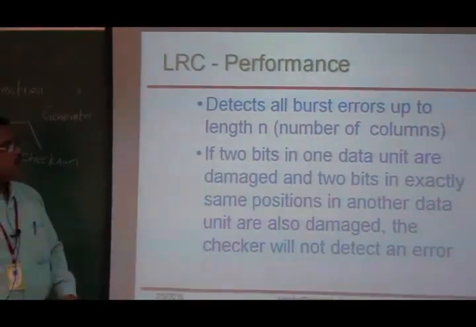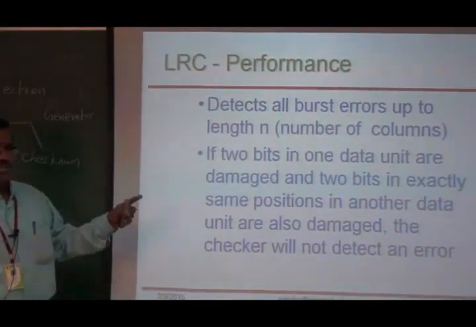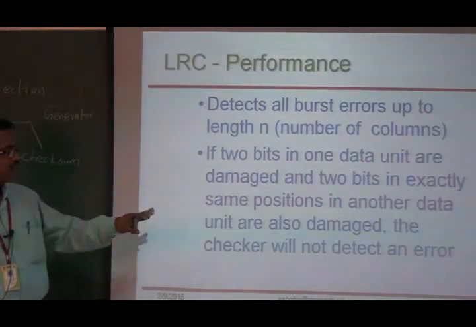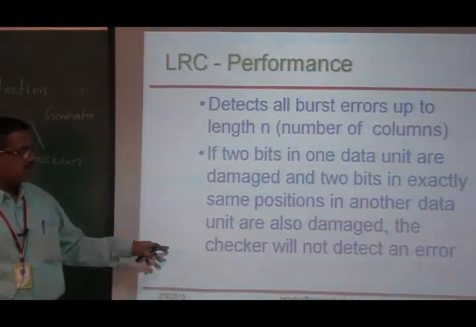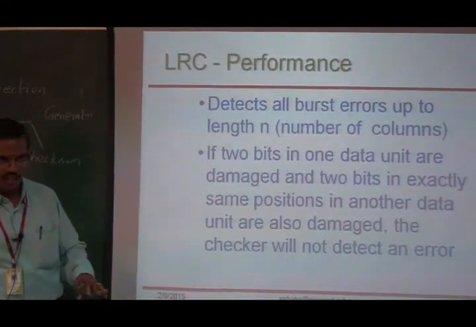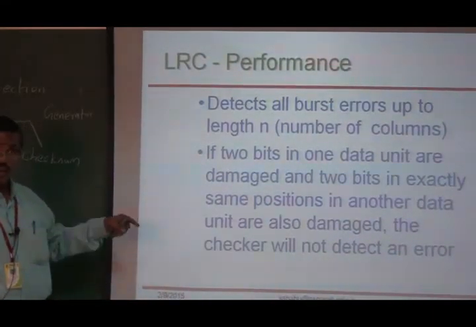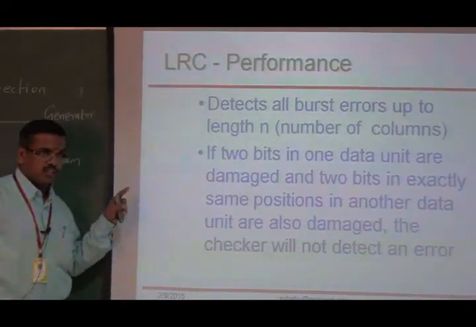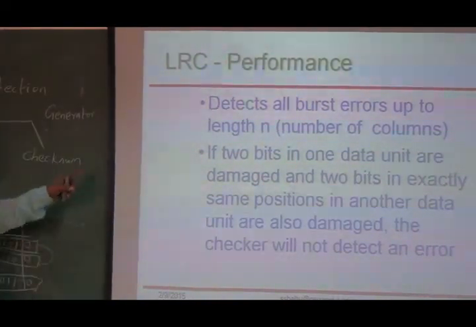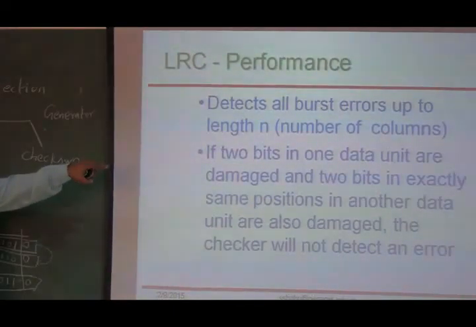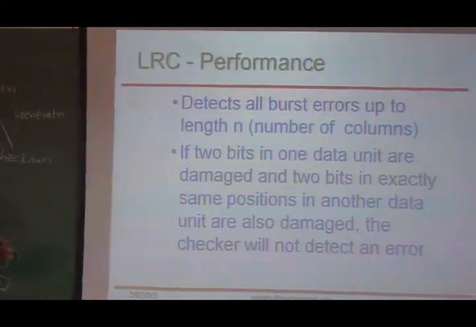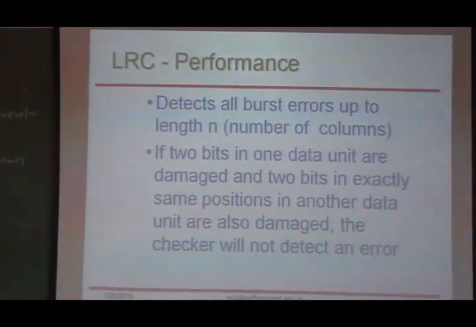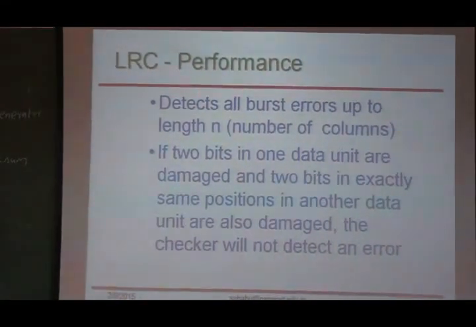If 2 bits in one data unit are damaged and 2 bits in exactly the same positions in another data unit are also damaged, the checker will not detect the error. So this is another issue, a drawback in this technique. Once 2 bits in one data unit are damaged, it is a problem to identify, because it can be matched with this.